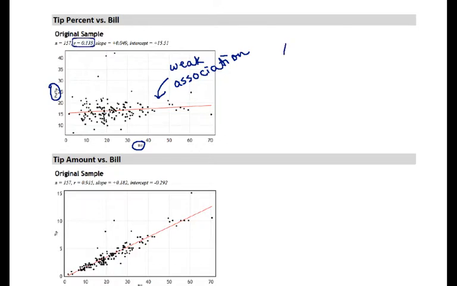Our hypotheses were rho equals 0, rho is not equal to 0. Our p-value was pretty close to 0.1, and we failed to reject at alpha equals 0.05.